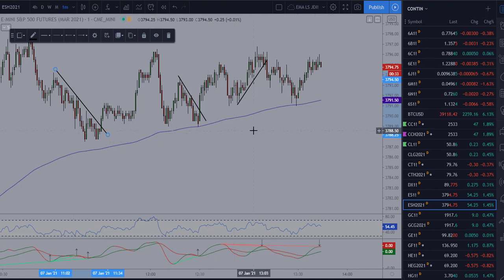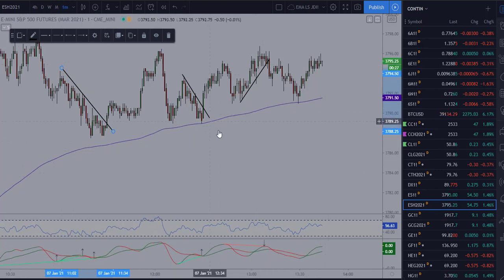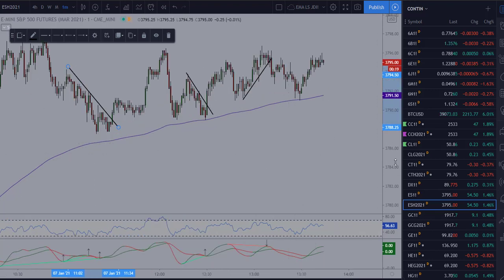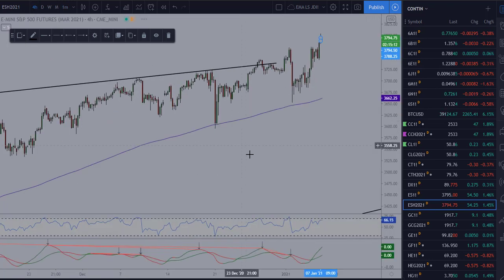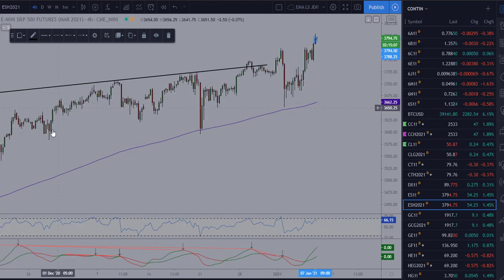On other markets, it's also been working well. One may ask, well, the market's just going up, market's just going up. Well, you can see lots of opportunities here to sell or trade in and out of this move, even though we're up 1.5% or 55 points on the E-mini S&P. Even though we're in a huge uptrend, it's also caught some really nice swing moves here on the 4-hour chart.